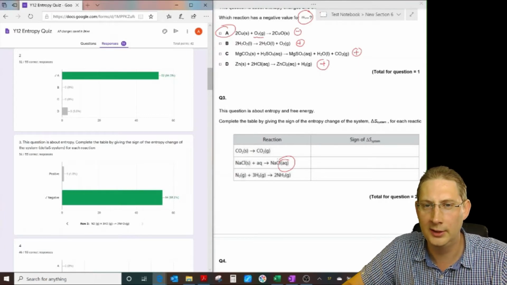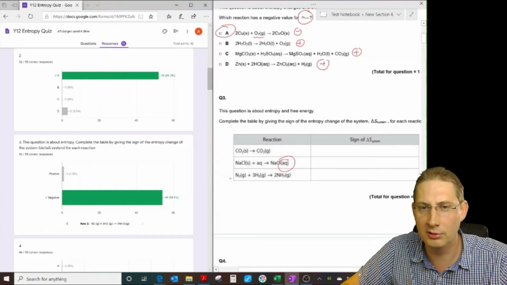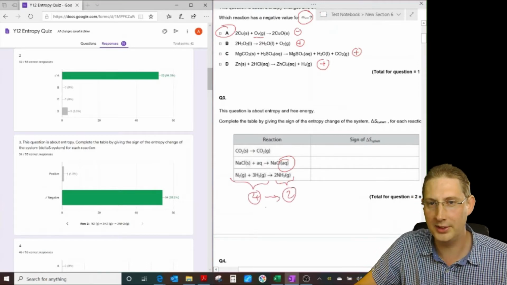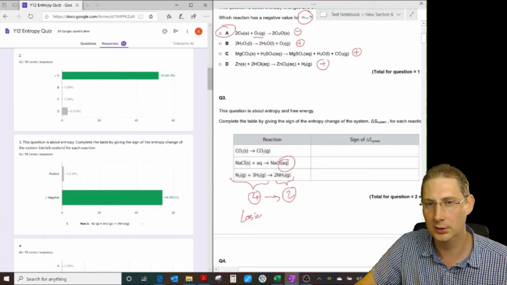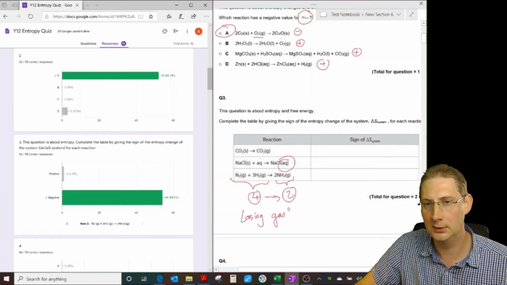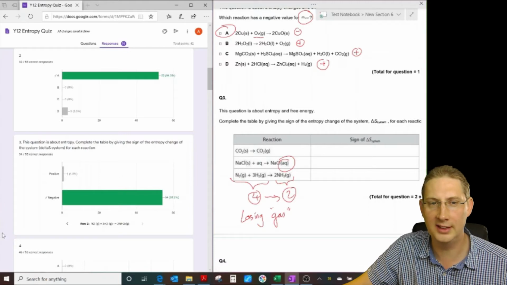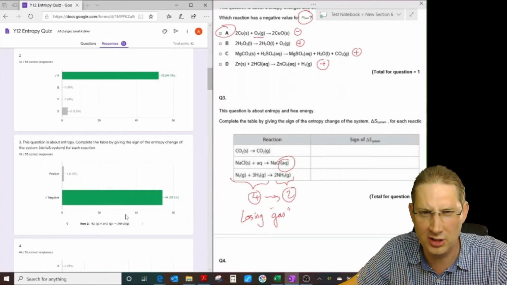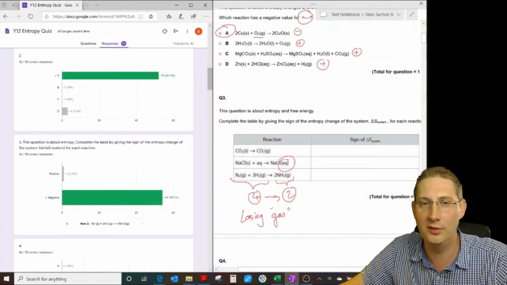But for this one, you're going from 4 gas moles or molecules to just 2. So you're losing gas, and therefore it's a negative change, which 98% of you were fine with.